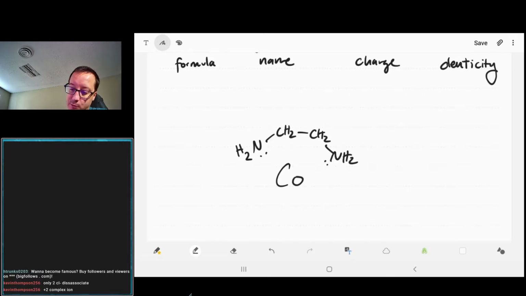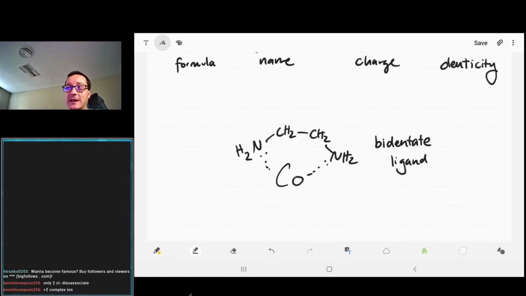It has 2 bonding sites that it can bond with a complex from. We would call this a bidentate ligand. Dentate, like dentistry, means teeth, so it's got 2 teeth that it can clamp onto this cobalt.